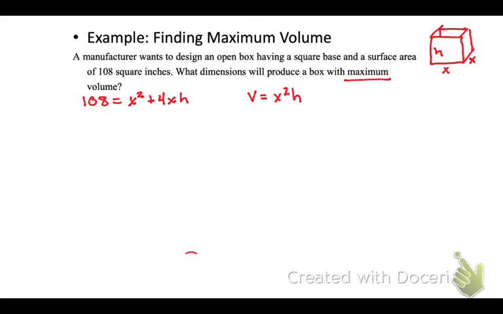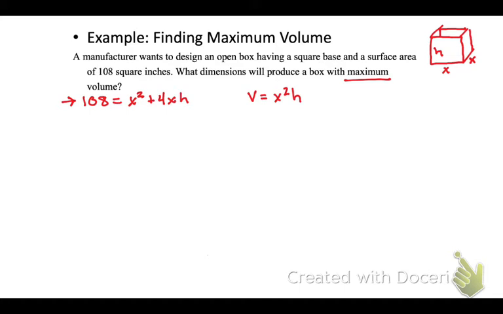So can I solve this equation for x or h and plug it back into the other equation? And then I would be in how many variables? 1. Okay, so let's decide which variable we're going to solve for. I'm going to say h. Why would we say h?